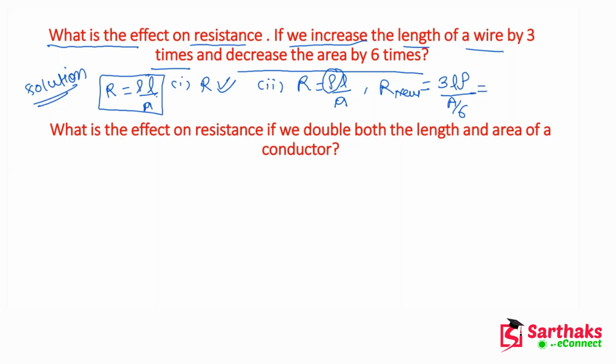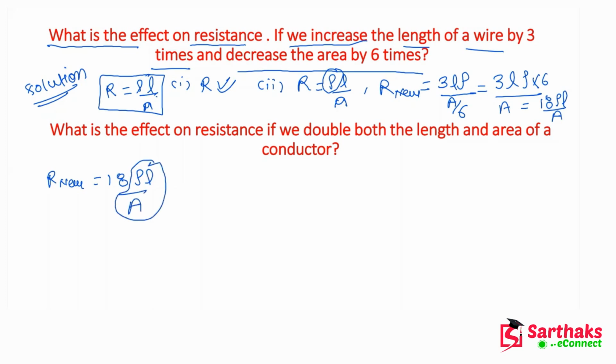Now if you solve this, then 3L rho, this 6 will go upside, and if you solve it, it will be 18 rho L by A. I'm writing here that R new is equal to 18 rho L by A. Now what is this rho L by A?